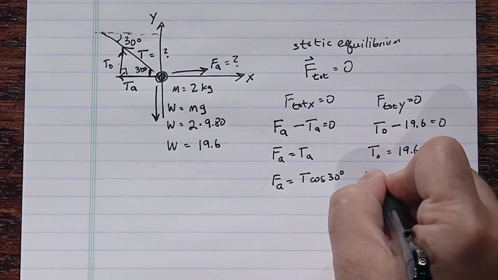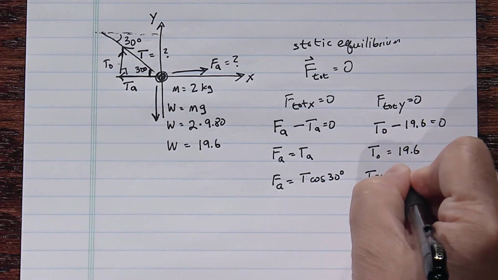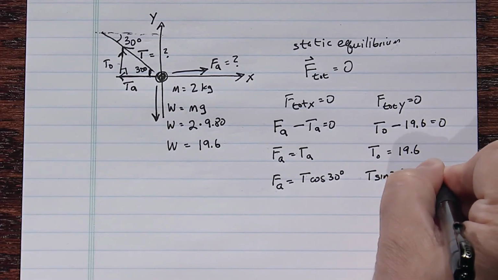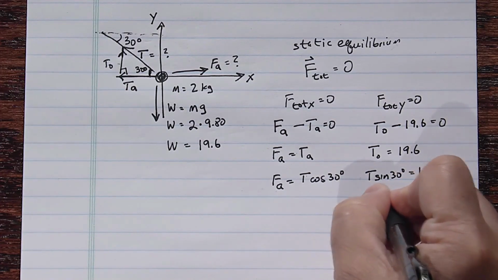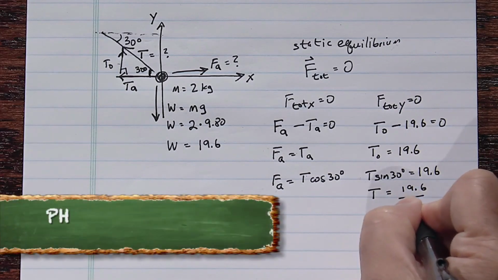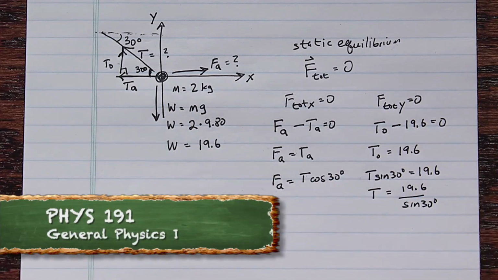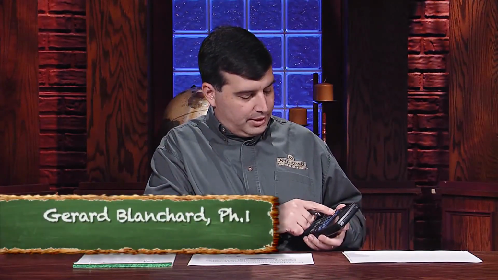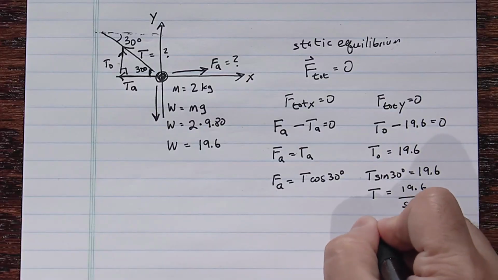So T sine of 30 degrees is equal to 19.6, or the tension is equal to 19.6 divided by sine of 30 degrees. And that is 39.2 newtons.